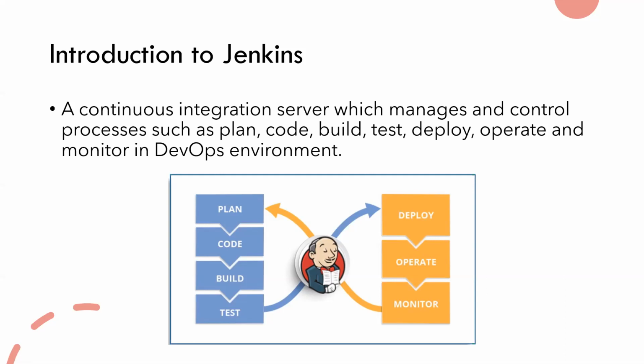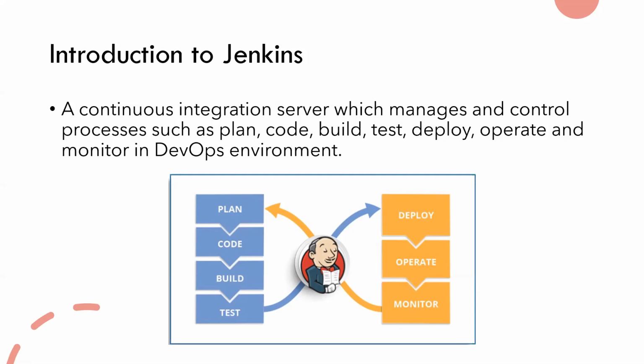Once you say that the code should be automatically built and tested, Jenkins knows it has to look at what changes have been done. It will tell Git, you have this task, check this task, and keep polling Git to check whether any changes are coming or not.